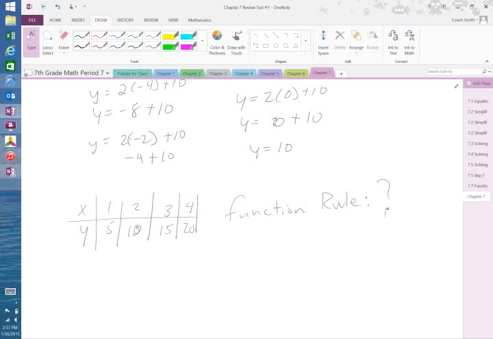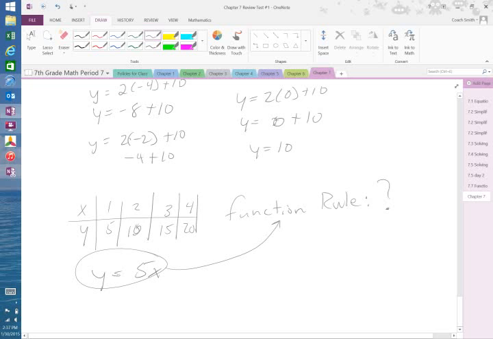Okay, so what is the function rule? Yeah, you remember we just got to do it this way. You're right. Just got to be listed as 5x. Okay? So that is the function rule. That is the answer to what we're looking for.